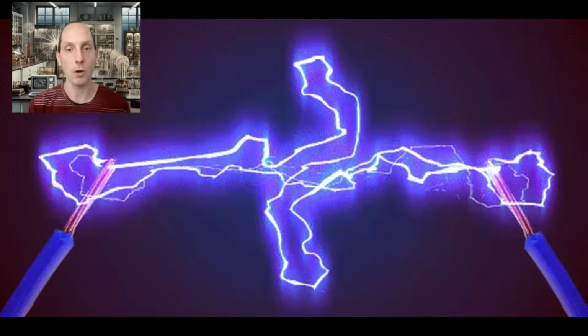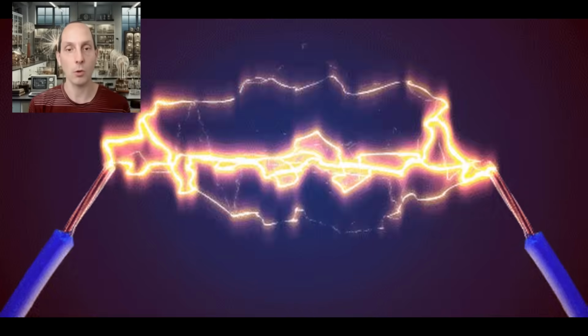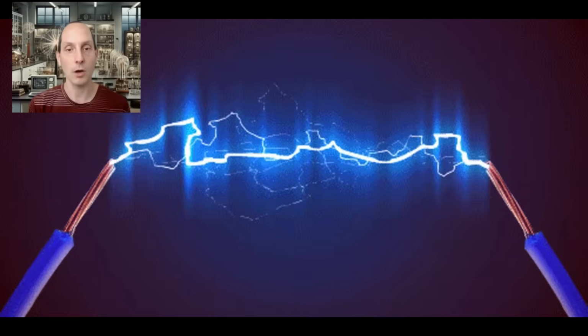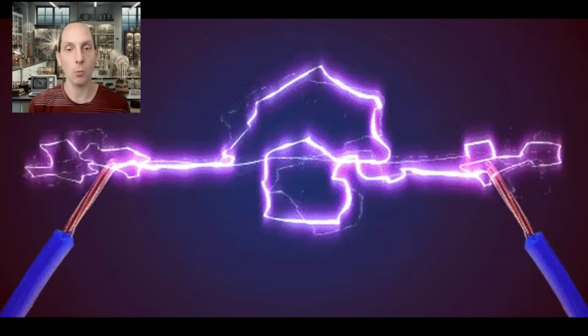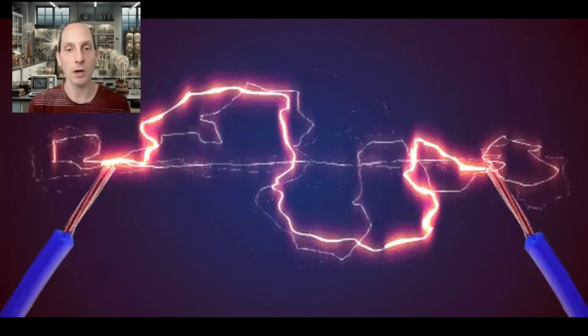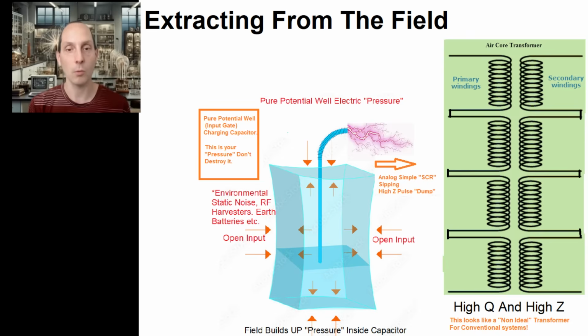In this scenario, it is not the original capacitor or input source powering the load. Instead, the load is effectively acting as a channel between two voltage differentials, and the energy to sustain the current appears to originate from the field itself. The system taps into what would otherwise be seen as vacuum fluctuations or latent field energy.